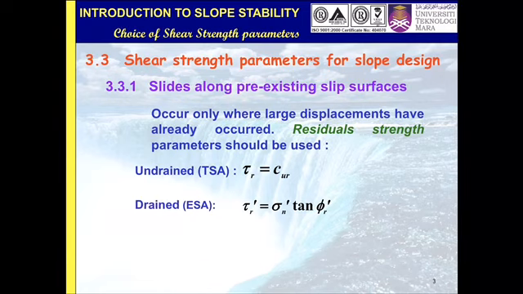If you still remember, for undrained or total stress analysis, the shear strength will be equal to Cu, and for drained or effective stress analysis, the shear strength will be equal to sigma normal tangent phi. So remember, for drained or effective, you must have this sign.